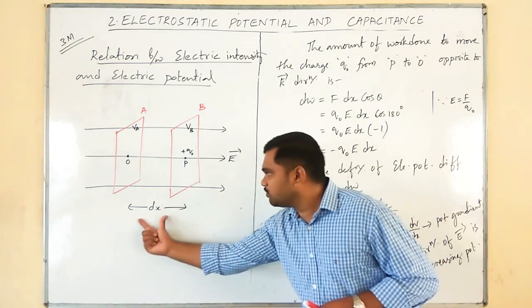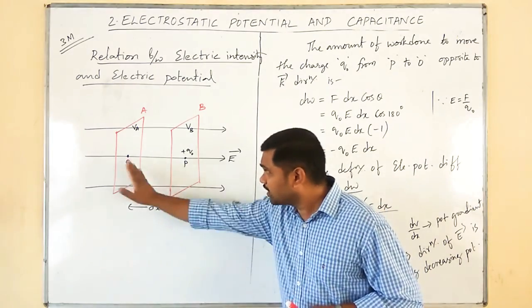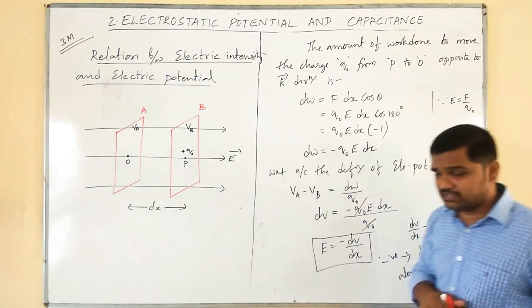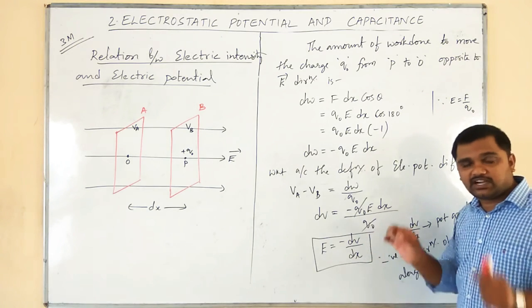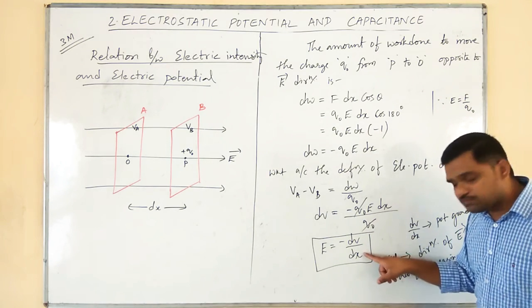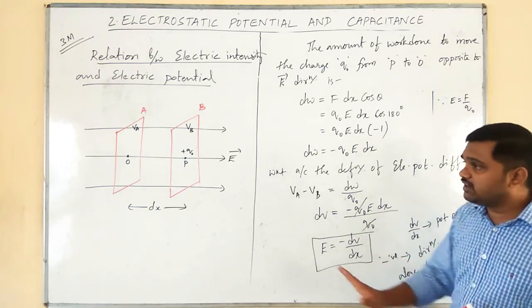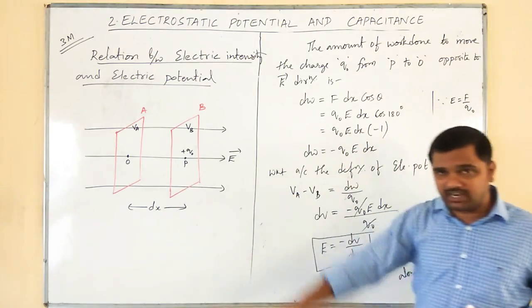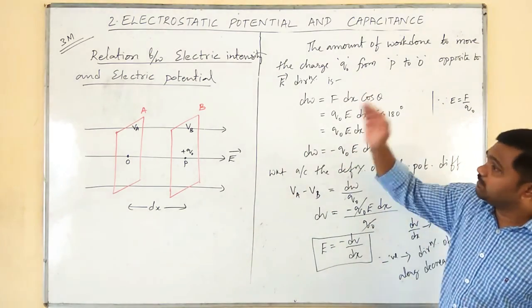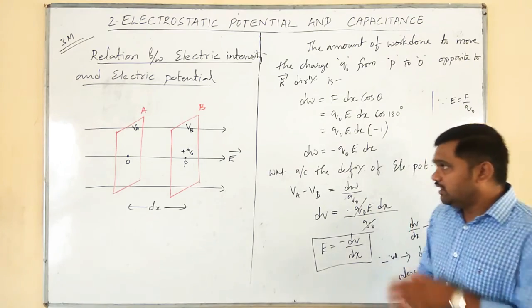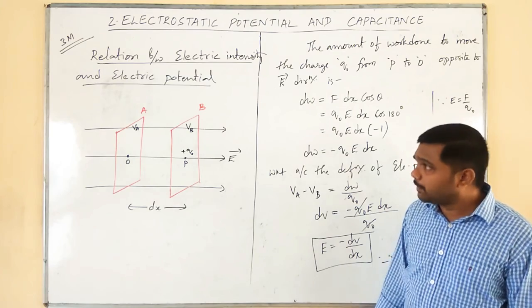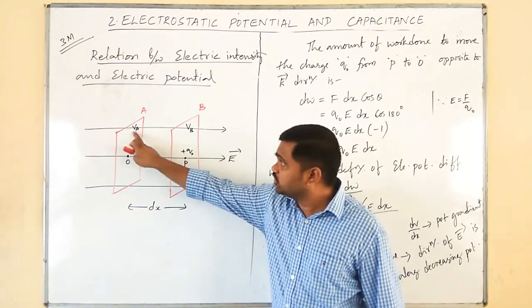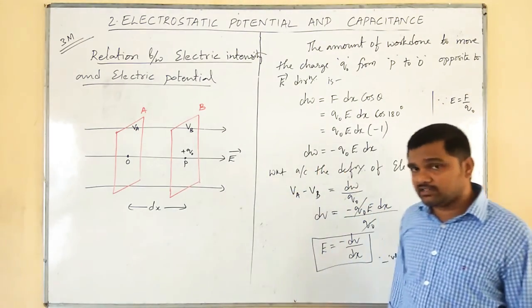See, here I have measured the distance normal to the equipotential surface. Therefore, potential gradient means the rate of change of electric potential with respect to the distance measured normal to the equipotential surfaces. Let me repeat once again. These two are the equipotential surfaces, A and B, having potentials VA and VB on them.